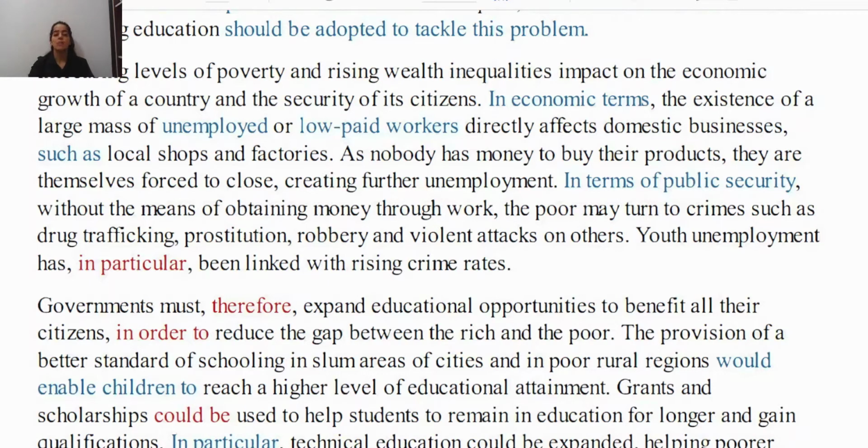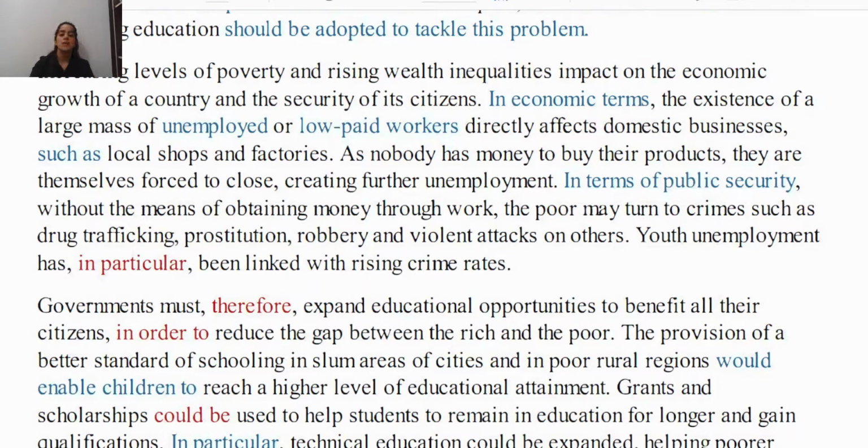As nobody has money to buy their products, they are themselves forced to close, creating further unemployment. In terms of public security, without the means of obtaining money through work, the poor may turn to crimes such as drug trafficking, prostitution, robbery, and violent attacks on others. Youth unemployment has, in particular, been linked with rising crime rates.